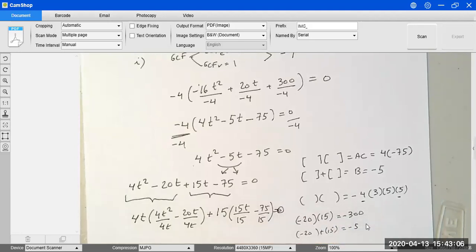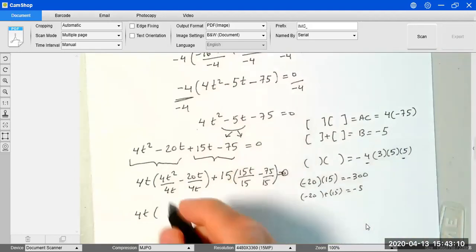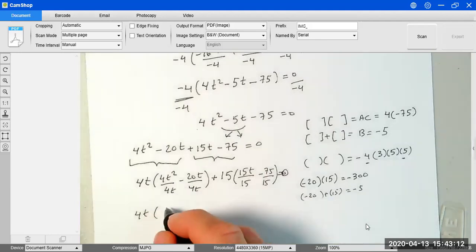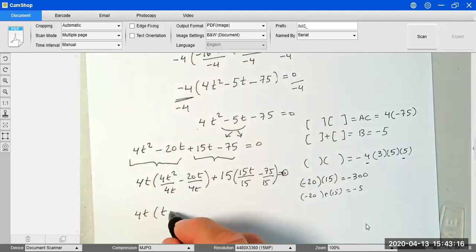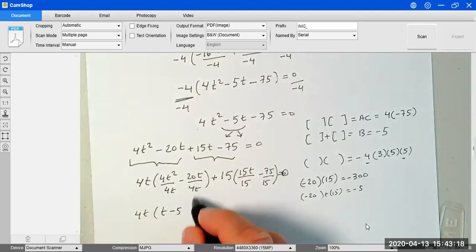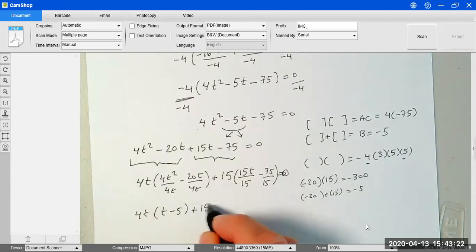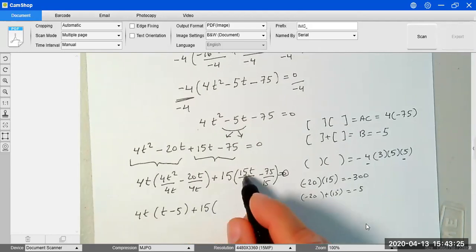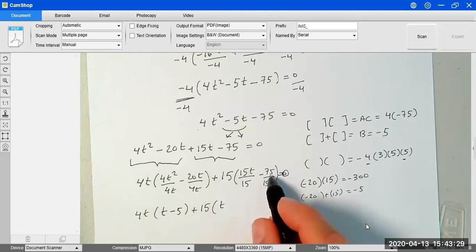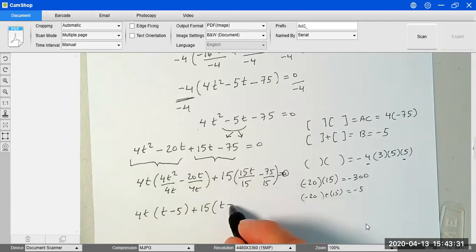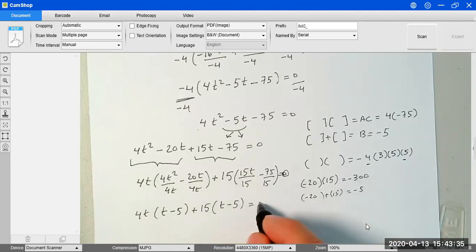So I have 4t that multiplies 4t squared over 4t, which is just going to be t. Negative 20 over 4 is going to be negative 5. Then again, 15 cancels, I get only t. And negative 75 over 15 is going to be just negative 5. And this is equal to 0.